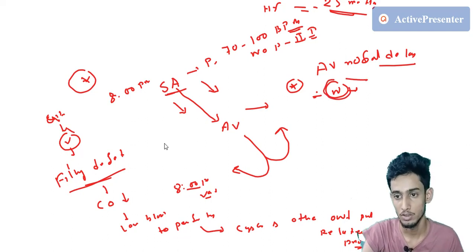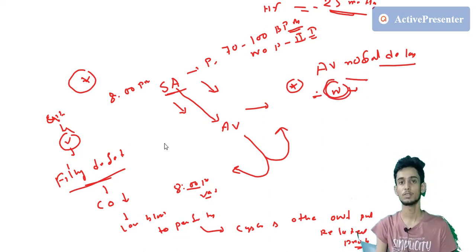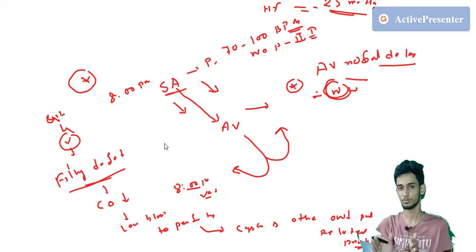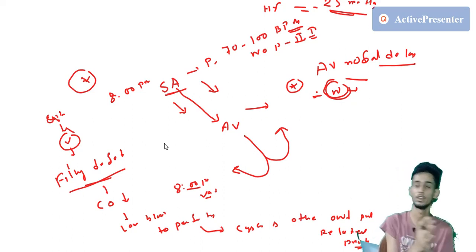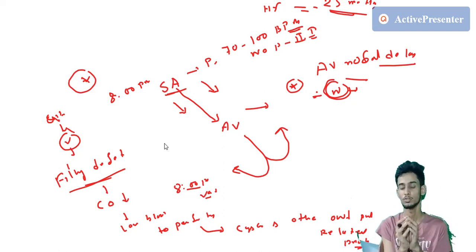Let's summarize what happens in the AV node. The cardiac impulse from the SA node comes to the AV node, and here it stays for 0.1 second. It's a very short time, but it's very important for the proper filling of the ventricle.